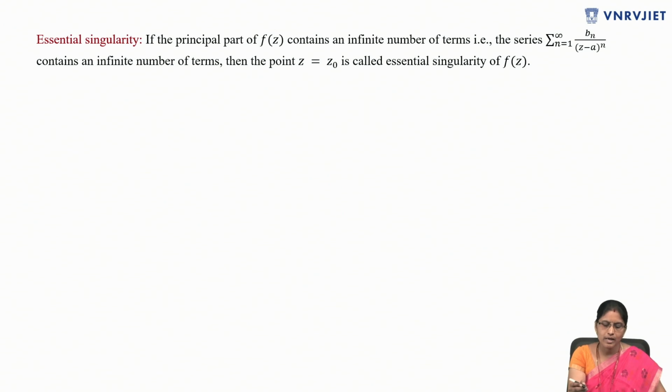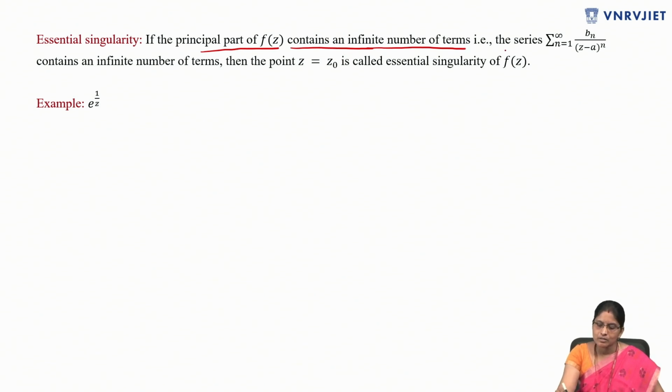Next definition, essential singularity. If the principal part of the function f of z contains an infinite number of terms. Principal part means here it is denoted by Bn, and that principal part of f of z contains an infinite number of terms.